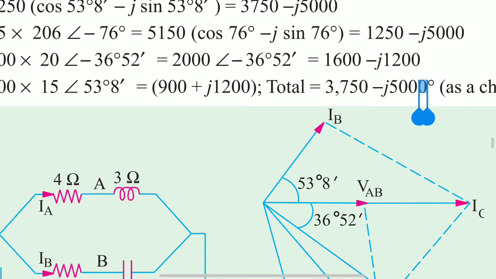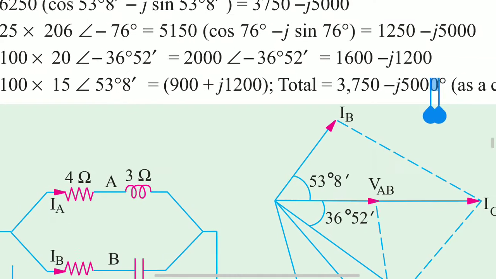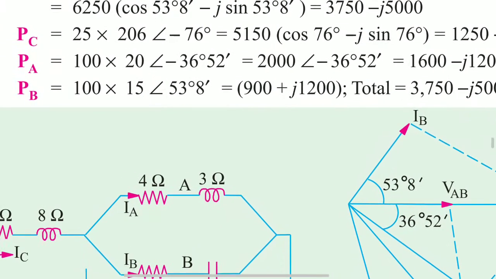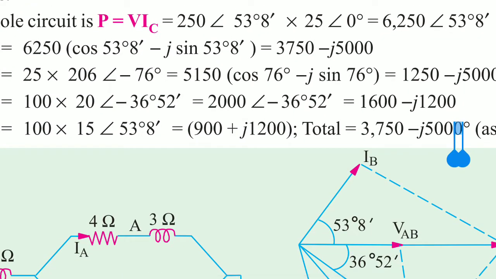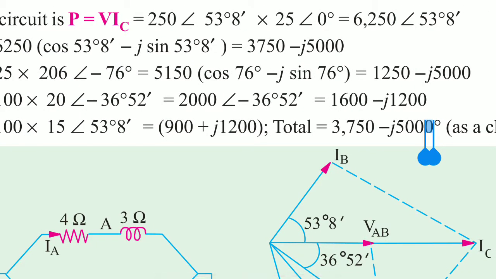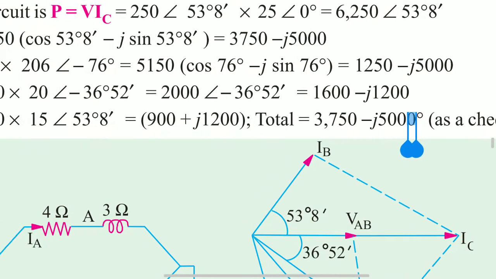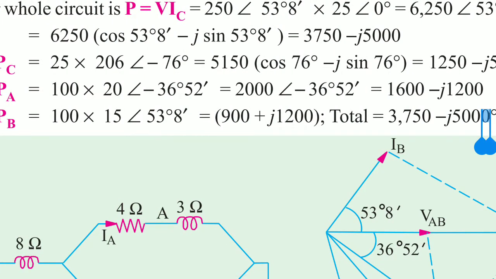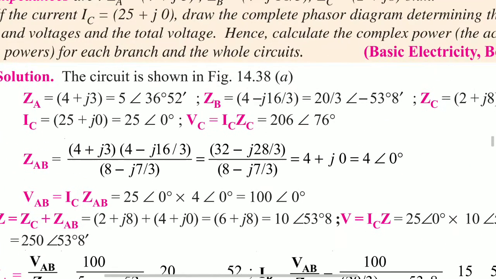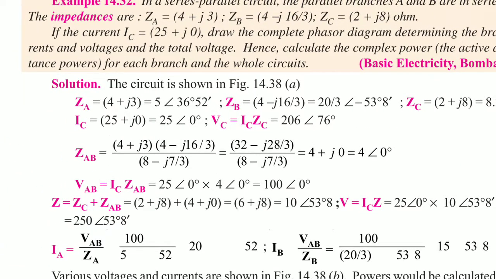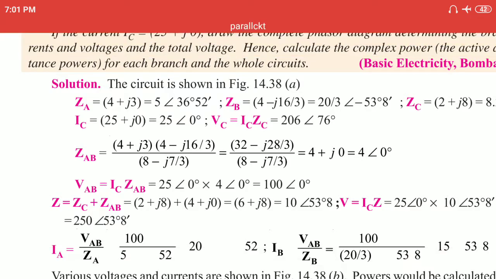The total, PA plus PB plus PC, gives 3750 minus j 5000, which is the power of the circuit. So this is the solution for this problem.